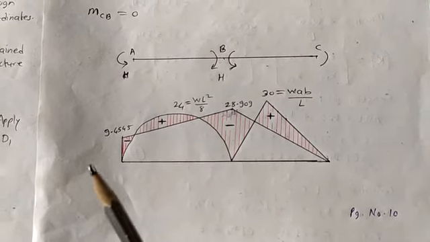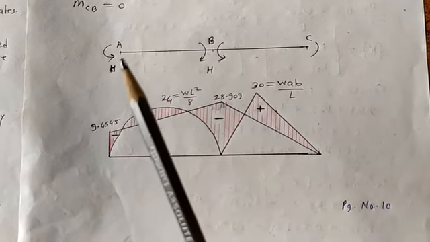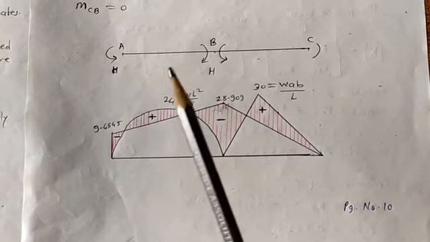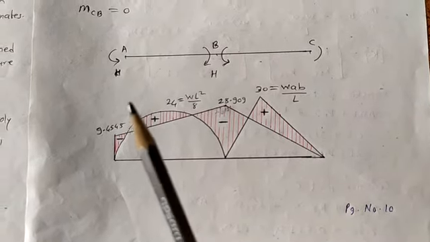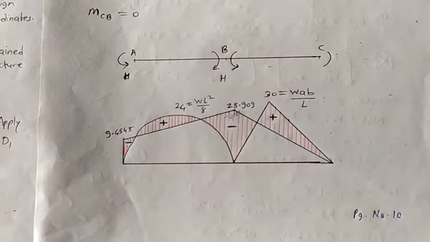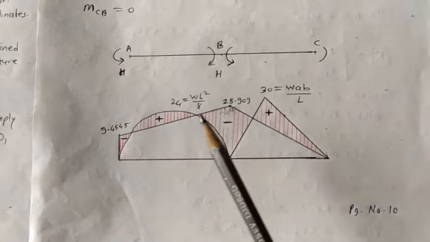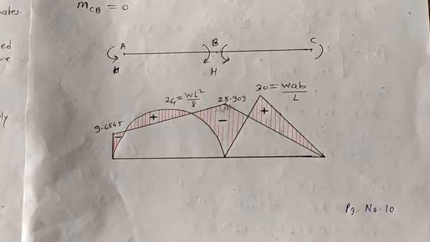Now overlap on that the hogging type of bending moment that we have got from the support moments. So on this free BMD, overlap the support BMD. Having overlapped the support BMD, we have got this final bending moment diagram.